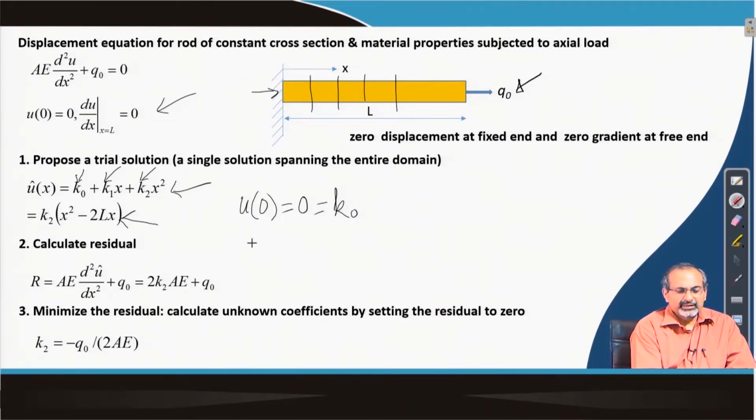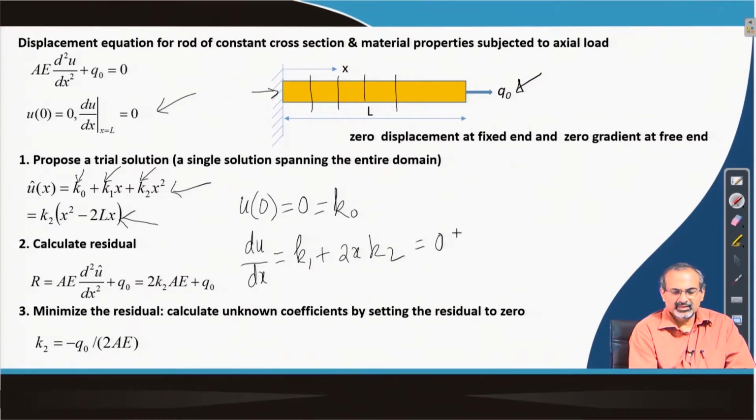Similarly, you can find out based on the gradient condition. So, you have to find du/dx. That will be k 1 plus 2 x k 2, and you have to impose the condition that this is equal to 0 at x equal to L, and thereby you would be able to evaluate k 1 in terms of k 2.